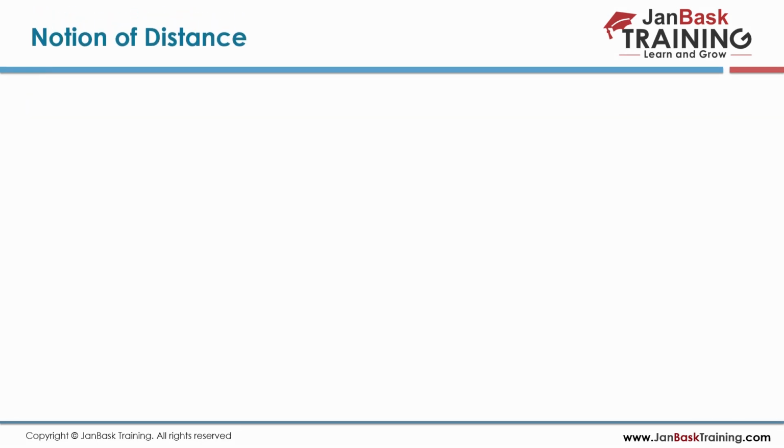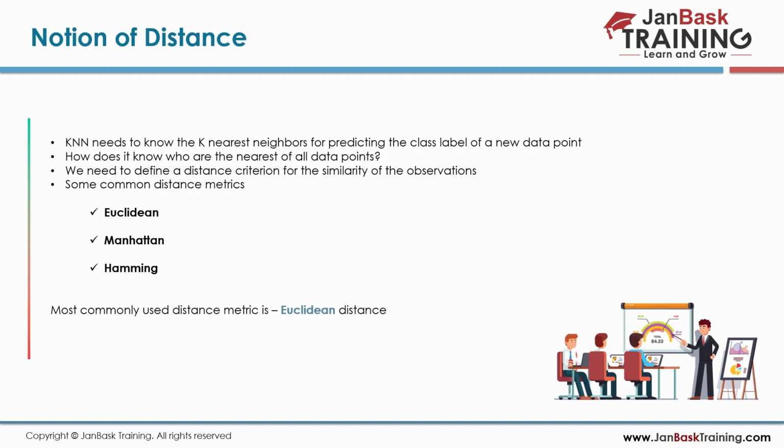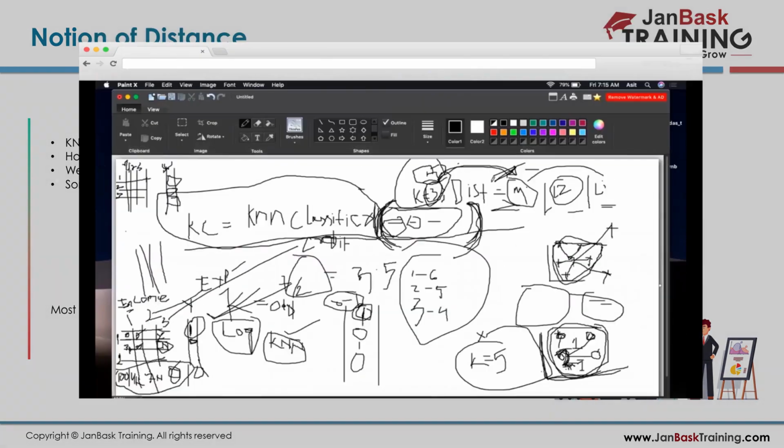Now come your questions. How can you identify the distances? There are three distances we normally use. I told you, one is Manhattan, another one is L2, and the third one is Hamming.